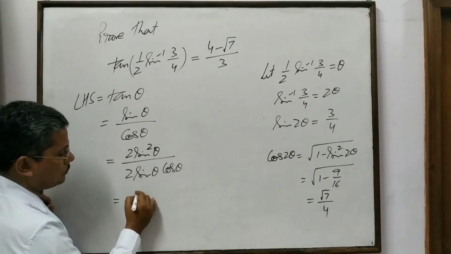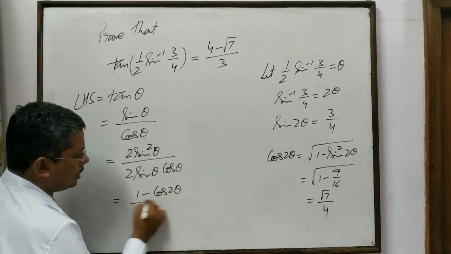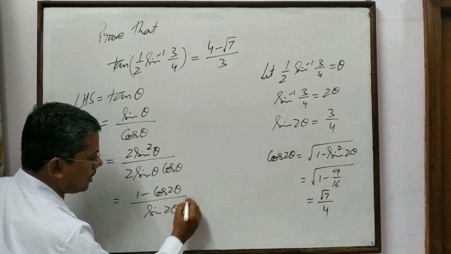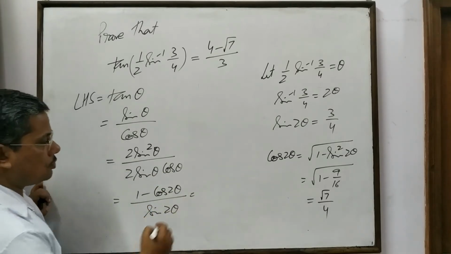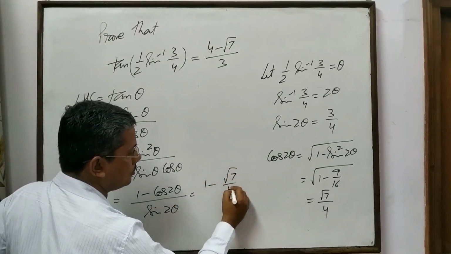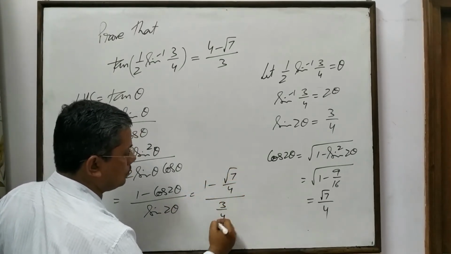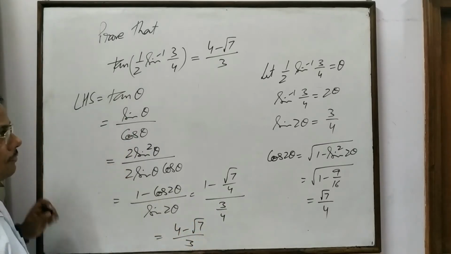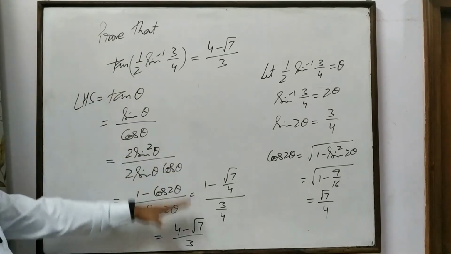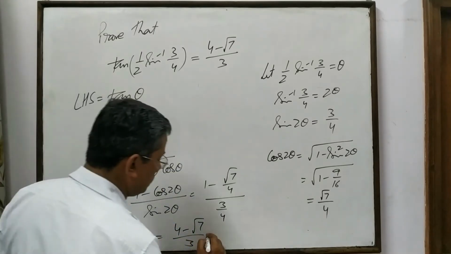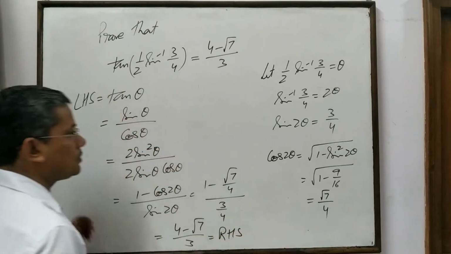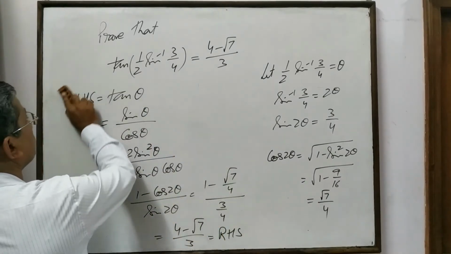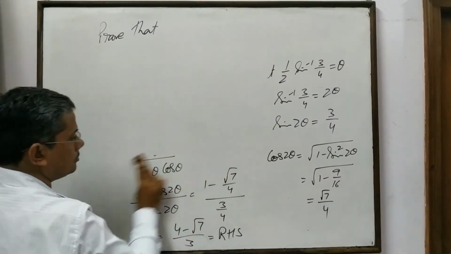So 2 sine square a is 1 minus cos 2a upon 2 sine a cos a is sine 2a. 1 minus cos 2 theta, that comes out to be 1 minus root 7 upon 4. Sine 2 theta is 3 upon 4. So taking LCM, 4 minus root 7 upon 3. So that's all. This is your right hand side. Hence proved. Easy. Then another question.